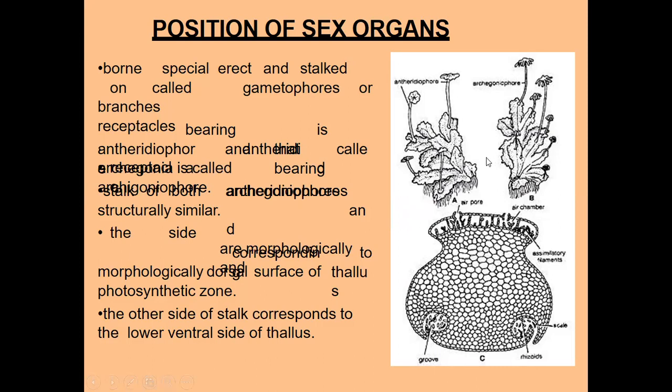The antheridiophore and archegoniophore develop from the dorsal surface of the Marchantia thallus, from the mid region, and they project out of the thallus. They are not embedded inside the thallus.